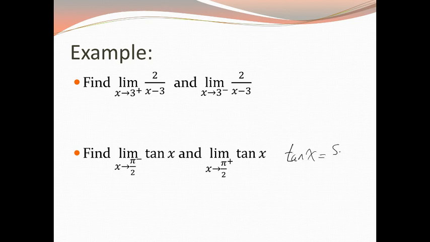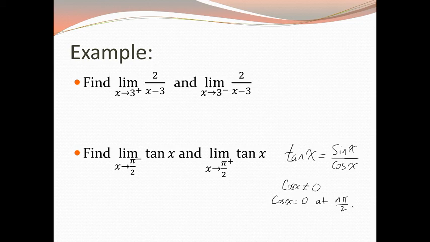Tan x is equal to sine x over cos x. Hopefully you guys remember this from trig identities in pre-calculus 12. But tangent is really just sine over cos. So what does this tell us? This tells us that cos x cannot be equal to 0. And if you remember from pre-calculus 12, cos x is equal to 0 at n pi over 2.